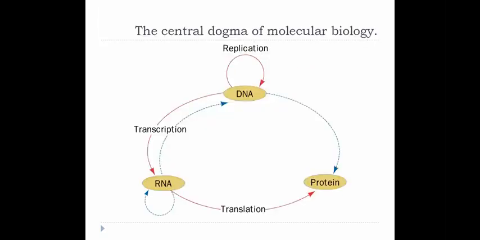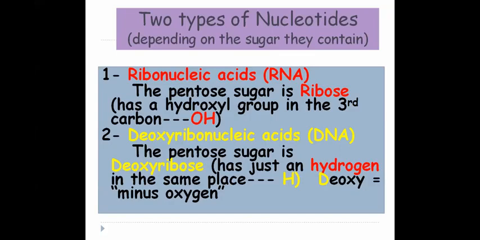Okay. So the central dogma, which you know: there is DNA, then RNA. From DNA to RNA we have transcription, from RNA to protein we have translation. There are two types: RNA, which is ribonucleic acid, and DNA, which is deoxyribonucleic acid.